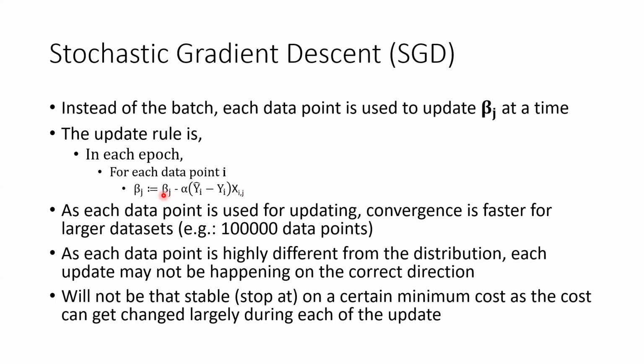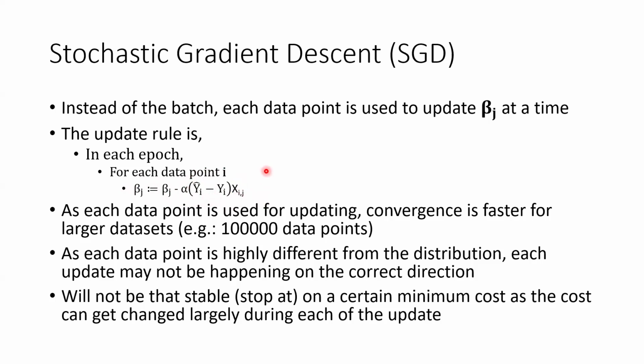In this way, if there are many data points in the sample, by the end, once you do this for all of the data points, it should actually move very close to the optimum values of the beta j's without much computation, without calculating the values for all the data points at once, right?